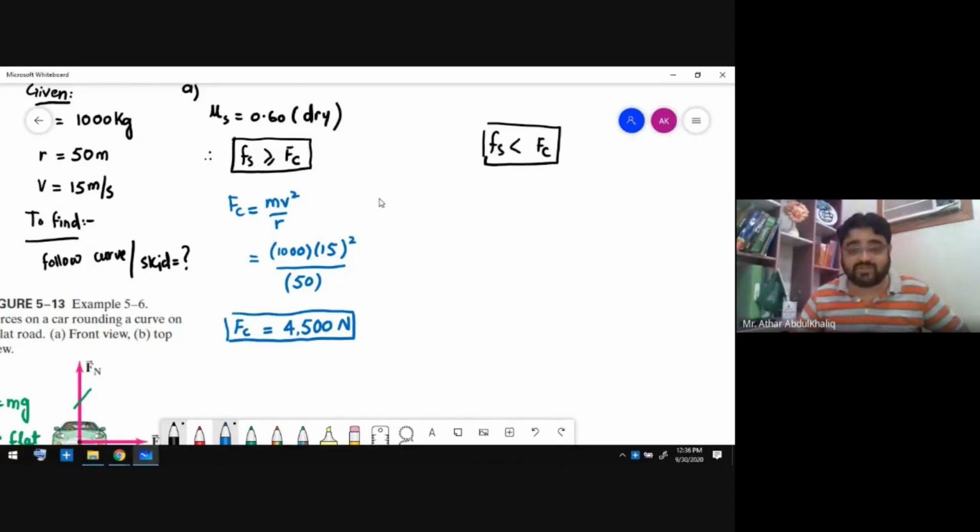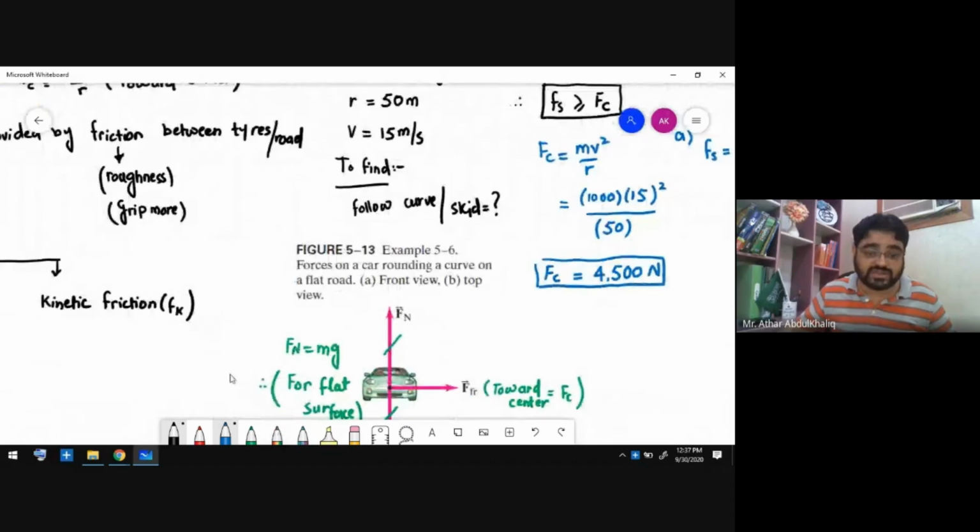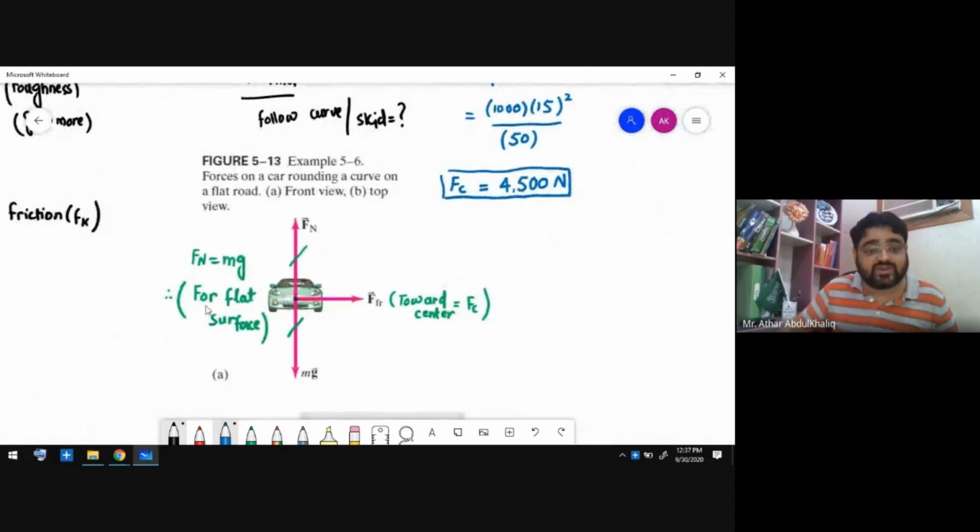So for part A, let us find the force of friction. Do you remember the formula of the force of friction? The force of friction was mu s Fn, but because they said in the question that it is a flat surface, for a flat road, Fn is equal to mg.